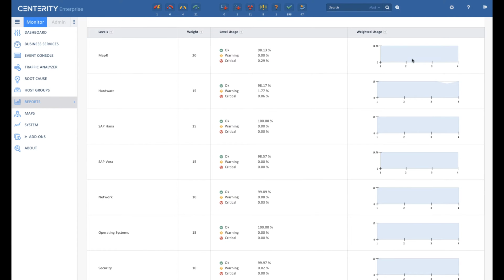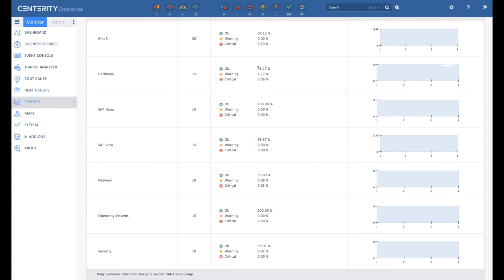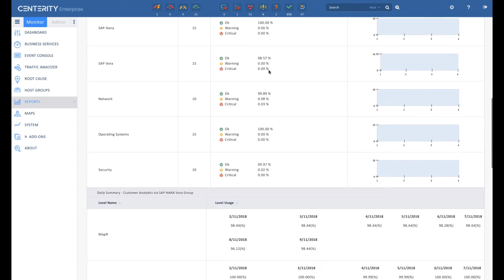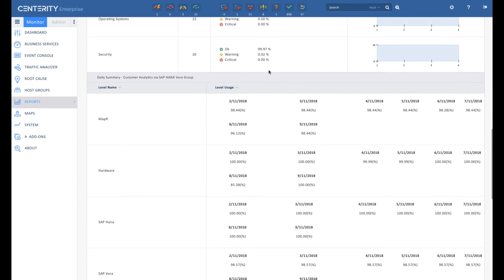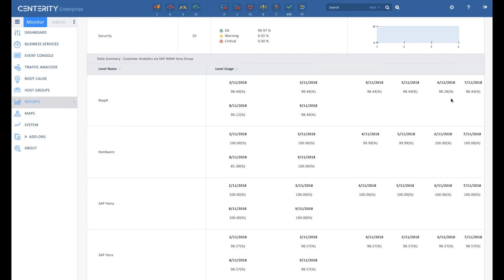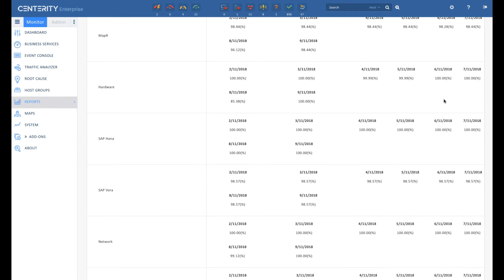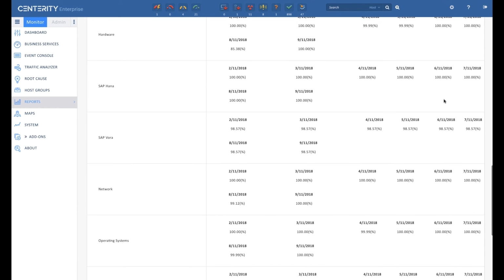And then we can see the different level breakdown and where was the exact issue. So we can see that we had a little bit of a lower SLA on MapR and on hardware, but overall good. And you can also see a daily breakdown, so it'll actually tell you the exact date and the SLA for that level on that day.